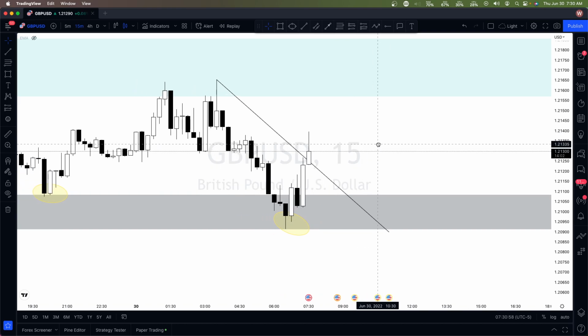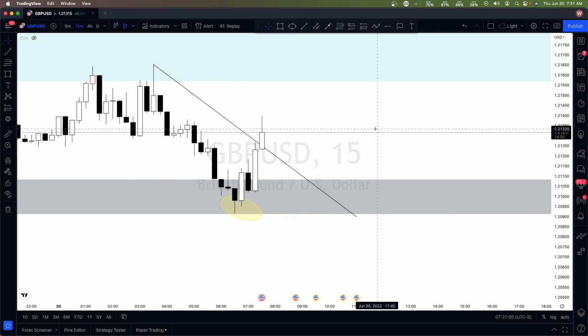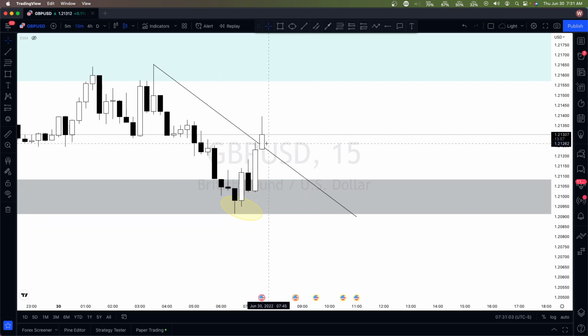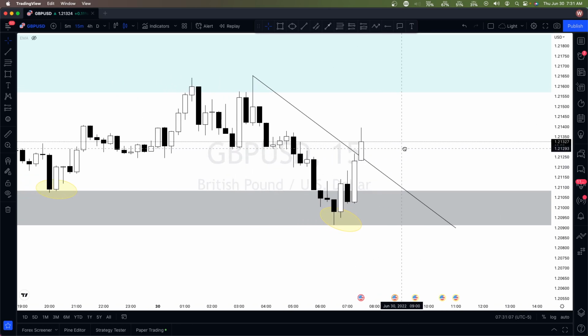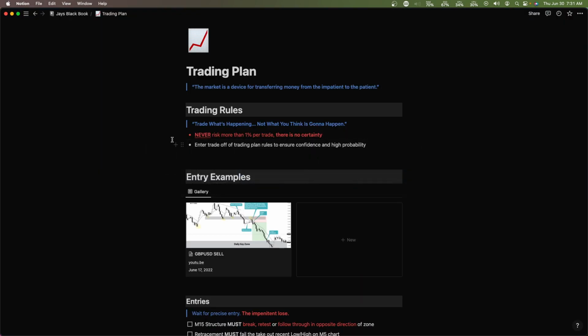Yet I don't believe that's gonna hold, especially down tweaking. We got 15 minutes for this candle to close. Trade what's happening. Now I think it's gonna happen.